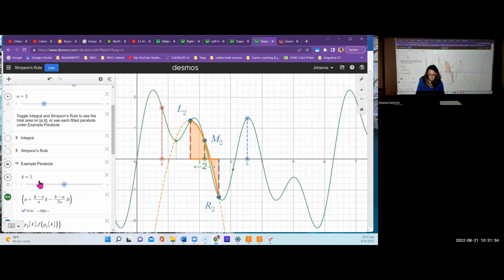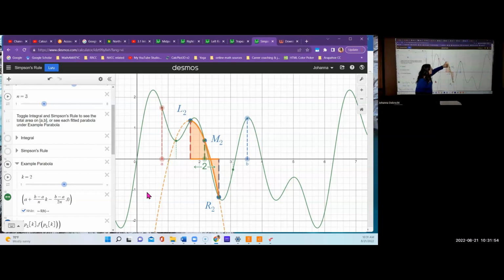In fact, the formula goes 1, 4, 2, 4, 2, 4, 2, 4, back to 1. So the far left gets used once, the far right gets used once, and in between we have this pattern of 4, 2, 4, 2, 4, 2, 4.